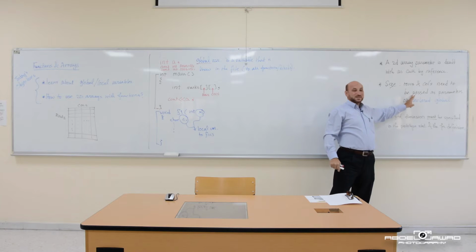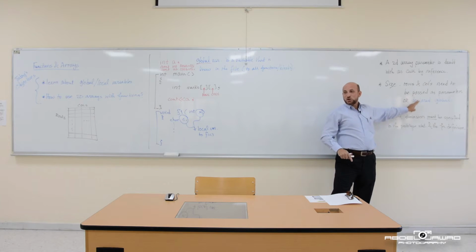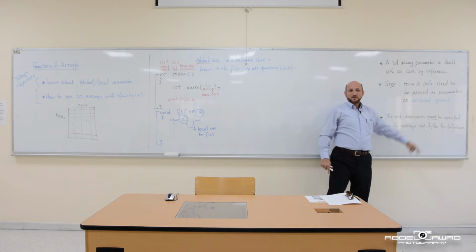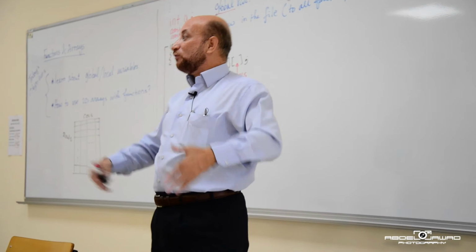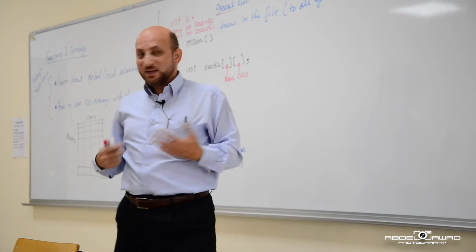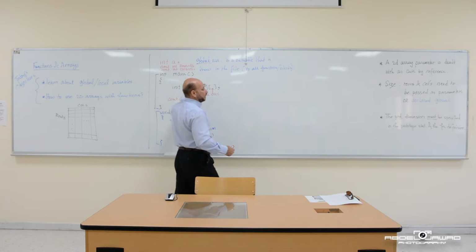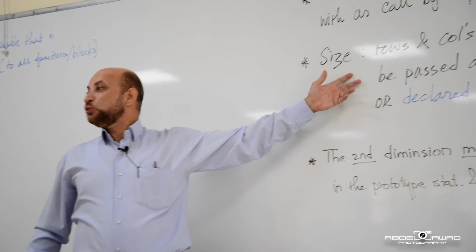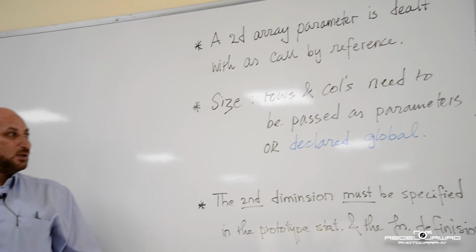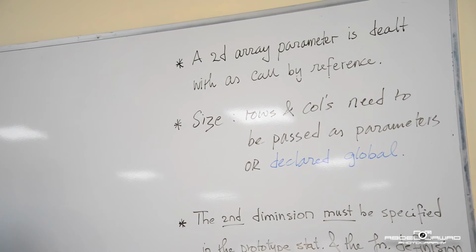So either you pass them to the function, or maybe better than that, declare them as global, so you don't need to pass them, and therefore you can refer to them every time. That's why global variables become very handy when it comes to passing 2-dimensional arrays to functions. So that's the second note we have to keep in mind.